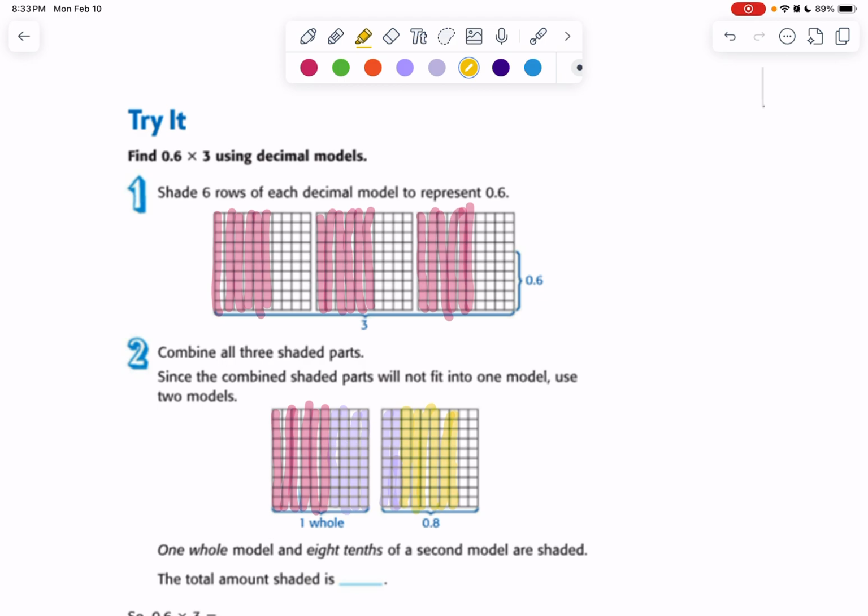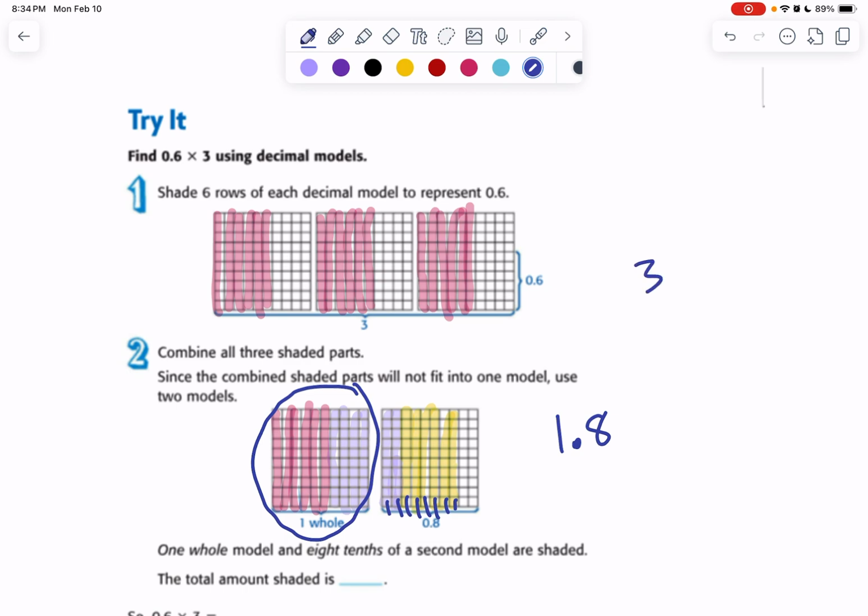So what do I have in all? Well, I have 1 whole, so I write that as 1 and, right? And then how many more tenths? 1, 2, 3, 4, 5, 6, 7, 8. And 8/10 more. Look at that.